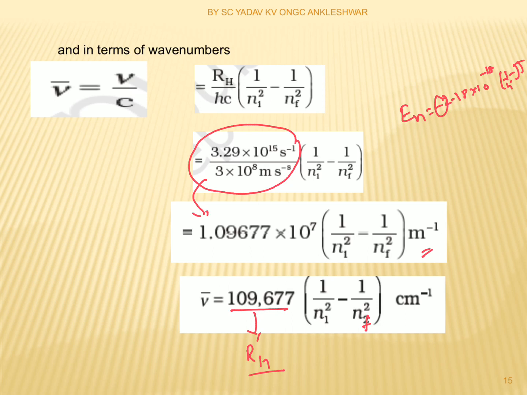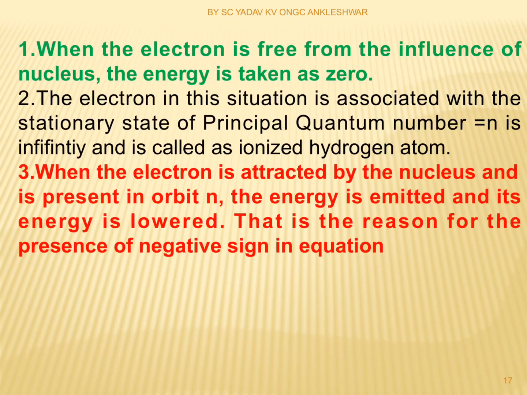My dear student, suppose that a free electron, meaning the electron is at infinity, is not in the influence of the force of attraction of the nucleus. In that case its energy is 0. When the electron is free from the influence of the nucleus, the energy is taken as 0.